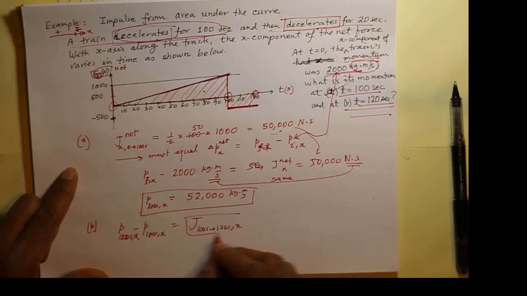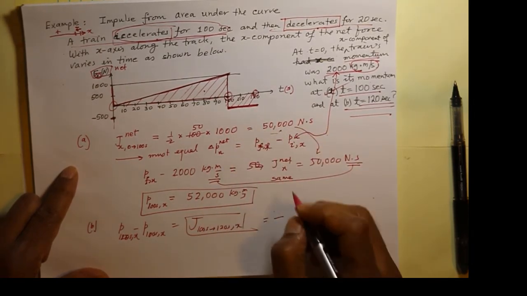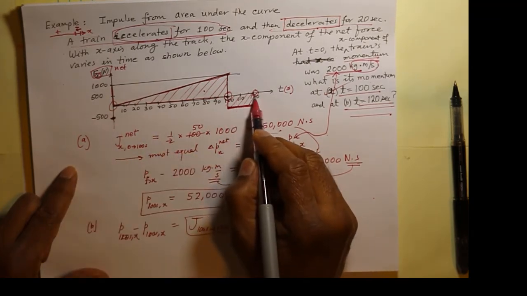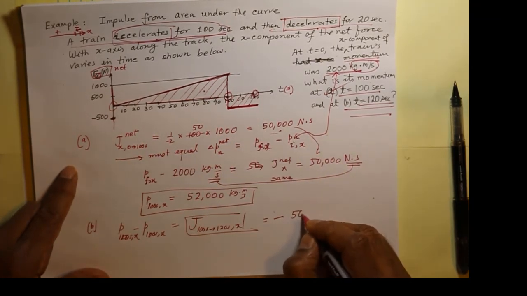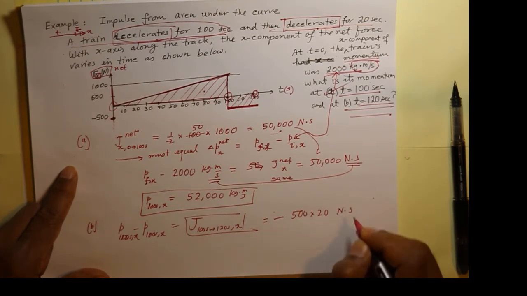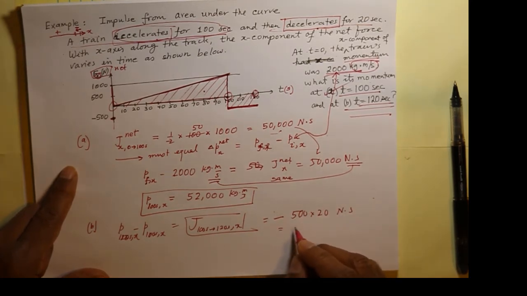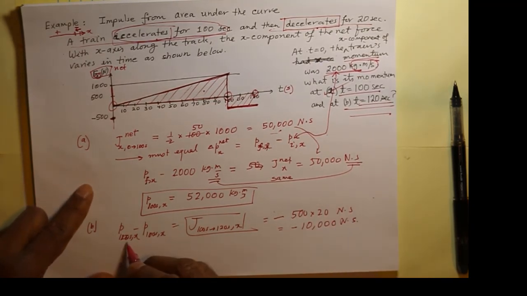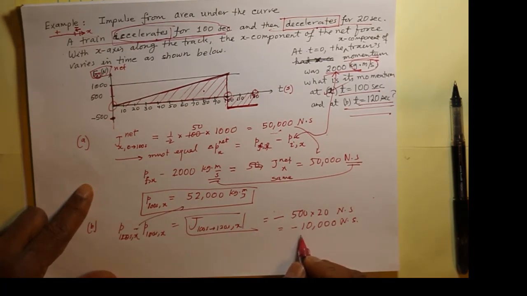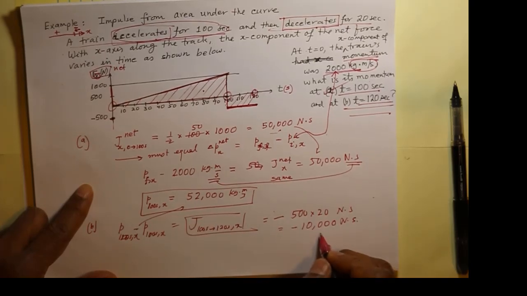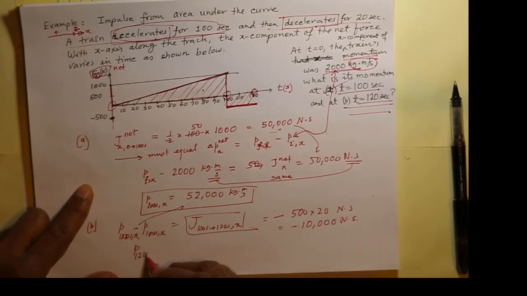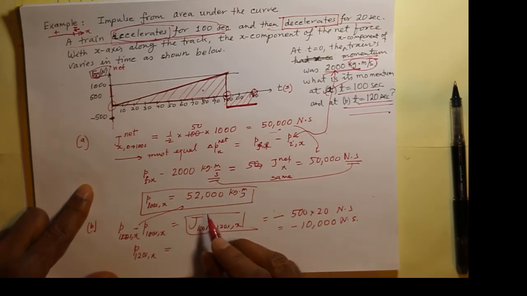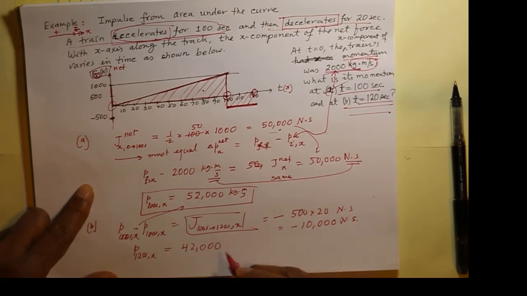We need to find this, and this area is going to be negative: 500 times 20 Newton second, and that's equal to 10,000. We already know this one is 52,000, so bringing it over, we have 52,000 minus 10,000. So P at 120 seconds x will be equal to 42,000 kilogram meter per second.